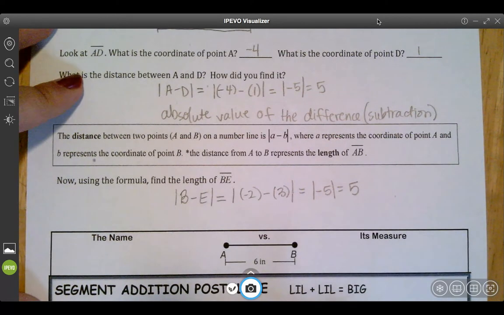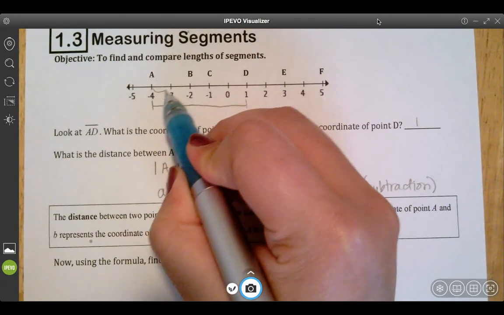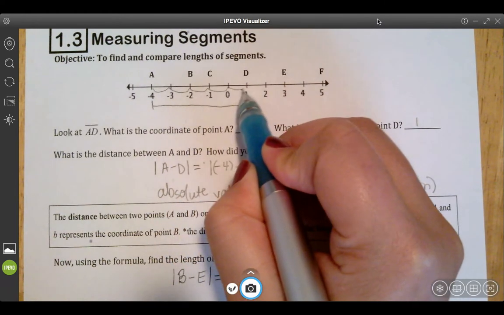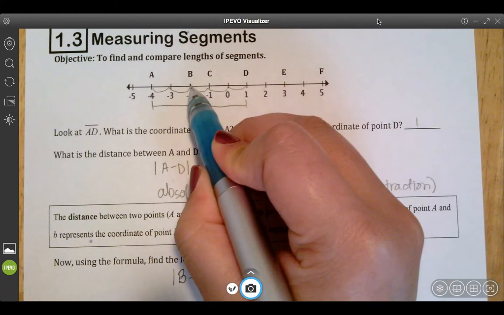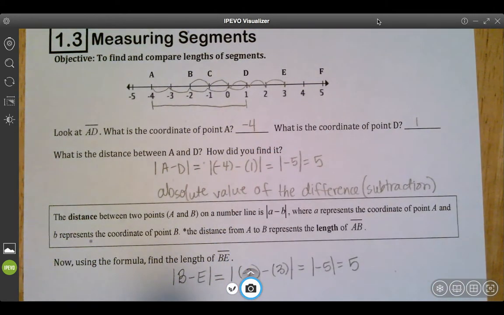On the number line we could have counted: from A to D is 5 units, and from B to E is 5 units. But with bigger numbers it's more difficult to count, so we want that algebraic approach as well.